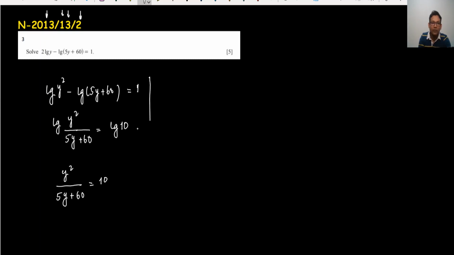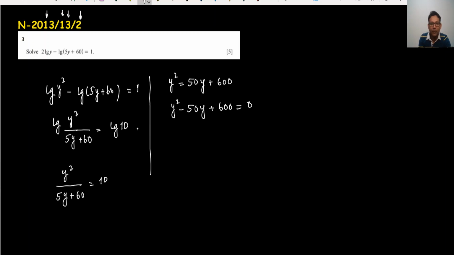Now we just need to simplify. y square equals 10 times 5y plus 60, so 50y plus 600. Now y square, we have the quadratic equation now, and we have to make the factors. The factors may be multiplied to get 600 and added to get 50.